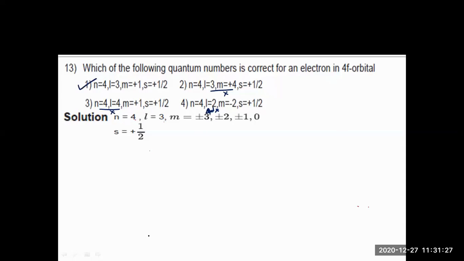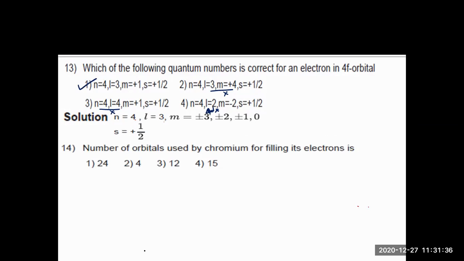Okay. I'll proceed now. Number of orbitals used by chromium for filling its electrons. How many orbitals are used by chromium for filling it? What is the atomic number of chromium? I told you atomic number up to 30. 24, sir.